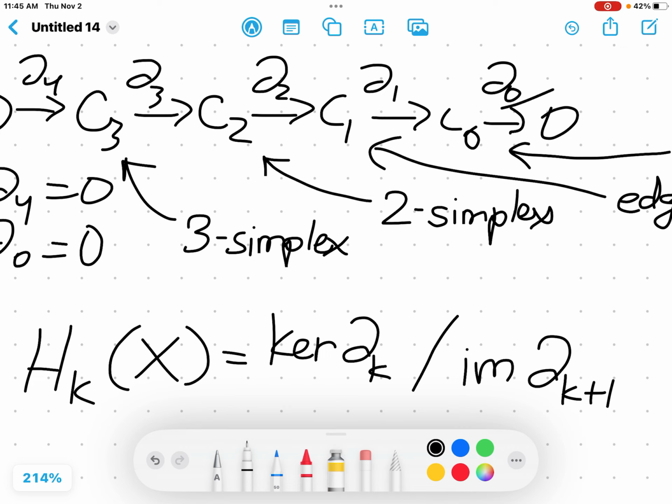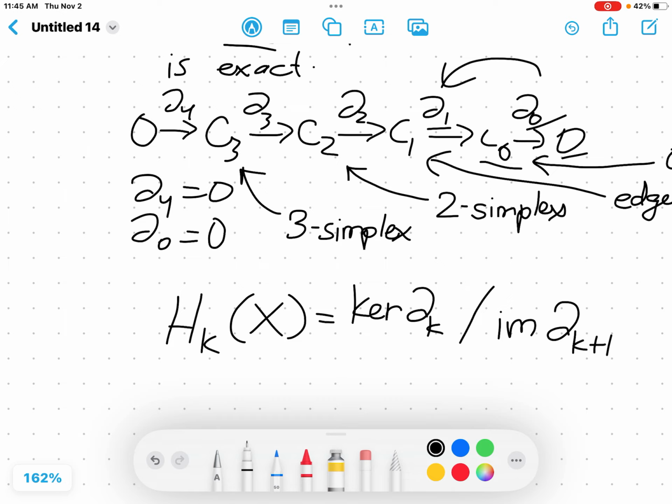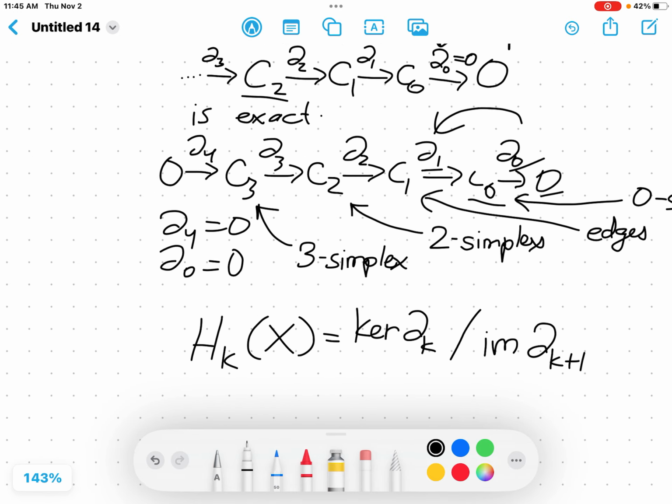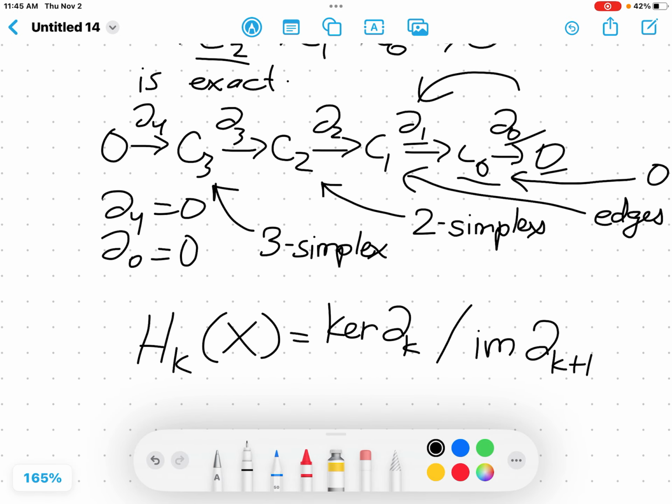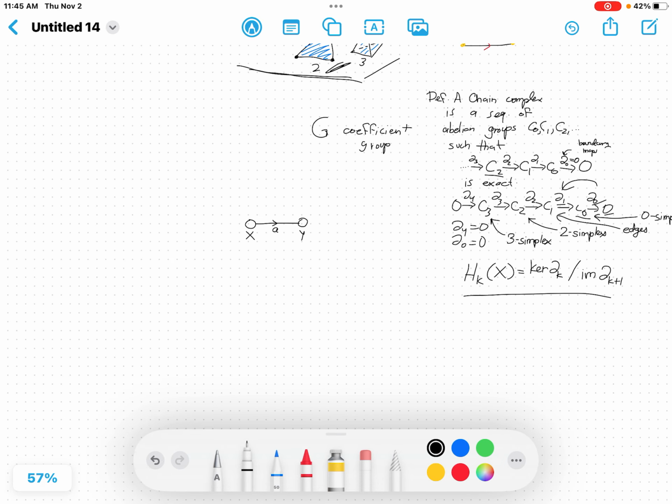So every element in C0 that's sent to 0, which is practically just the entire thing, mod the image of del 1, so the map right behind it. So what precisely are the elements we get from putting elements inside del 1 from C1, right? So that's the actual definition of homology group.